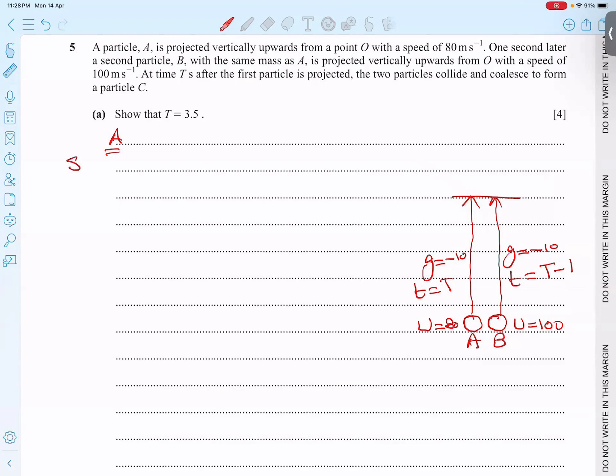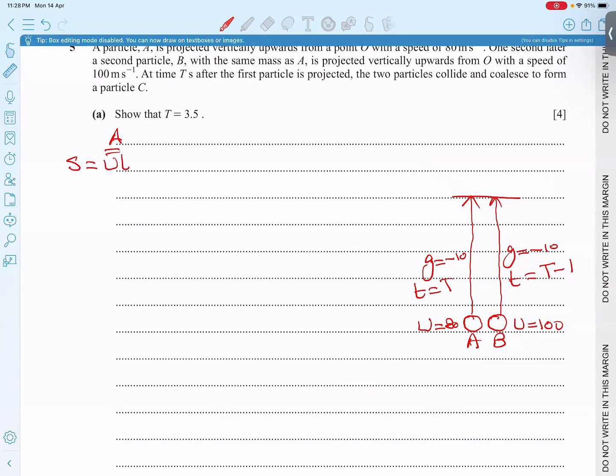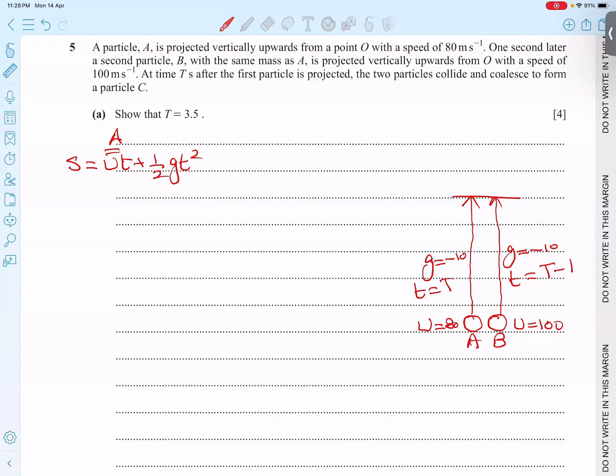S is equal to ut plus half gt square. I'm writing here S for particle A: u is this one, 80t, plus half times -10 t square. It turns out to be S for particle A equals 80t -5t square. So equation 1 is done.